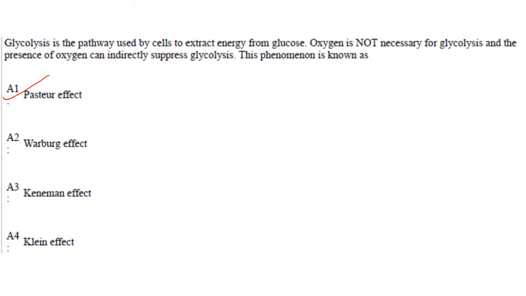That is Warburg effect. So glycolysis is the pathway used by cells to extract energy from glucose. Oxygen is not necessary for glycolysis, and the presence of oxygen can indirectly suppress glycolysis. So Pasteur effect states the effect of inhibiting oxygen on the fermentation process. So the phenomenon here is known as Pasteur effect. Answer is option 1.